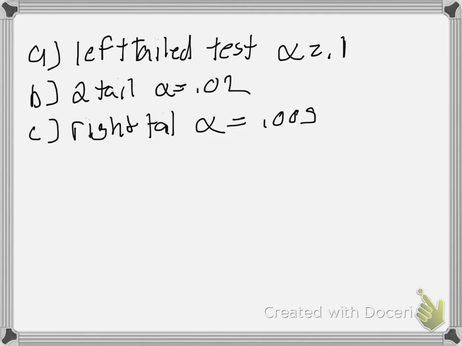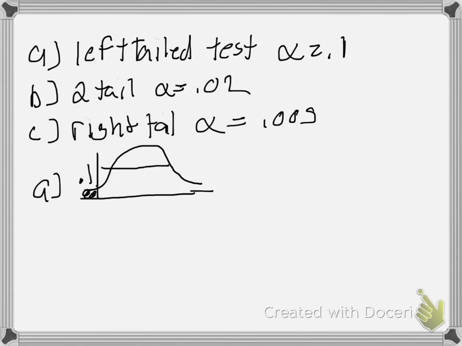Okay. So for A, let's draw our picture just so that we know. We have a left tail test with alpha equals 0.1. That means everything to the right of it is 0.9, right? Well, if alpha is 0.1, I look on my table, table A, for the number that's closest to 0.1000.